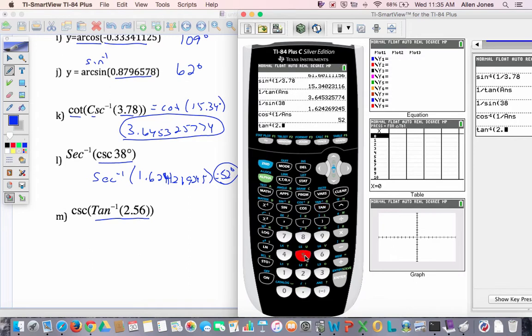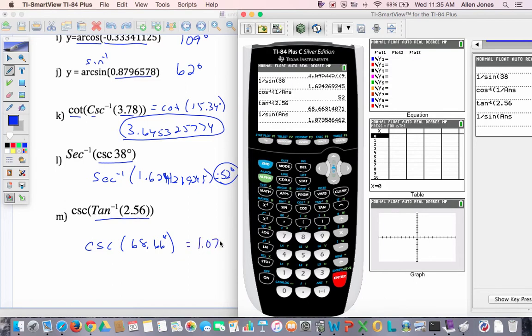And one more time, inverse tangent of 2.56. 2.56 is a ratio. Tangent's already on here, so 2.56 is an inverse tangent, converts us to an angle, and gives us the cosecant of 68.66 degrees. That's a degree measure, so we convert degrees over by doing 1 divided by the sine of that angle, and that gets me about 1.07359, converting it back to a ratio.